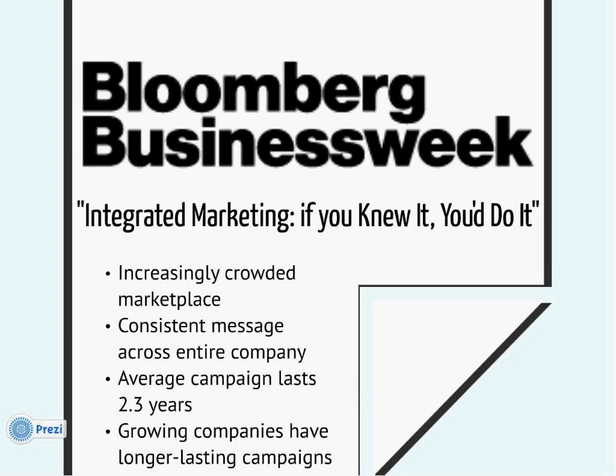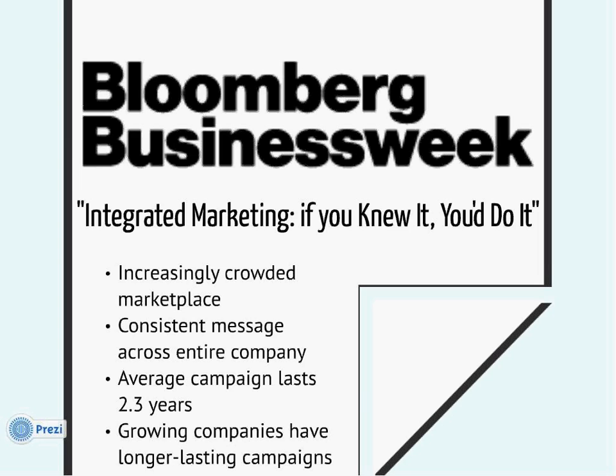It's crowded with lots of products and lots of marketing messages, and how important it is to have a consistent, integrated marketing that is continually emphasizing the value and the product that you have in similar ways so that people can remember your brand. You want to have a consistent message across your entire company so that, as we talked about in the beginning, your marketing plan is a part of your business plan. You want to be consistent with your marketing and your business as a whole.